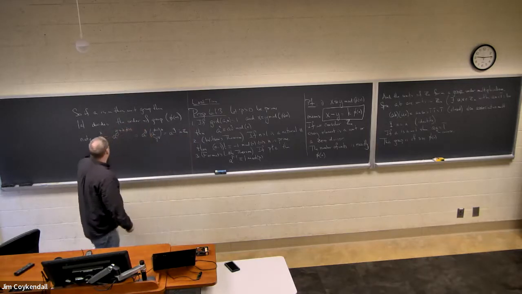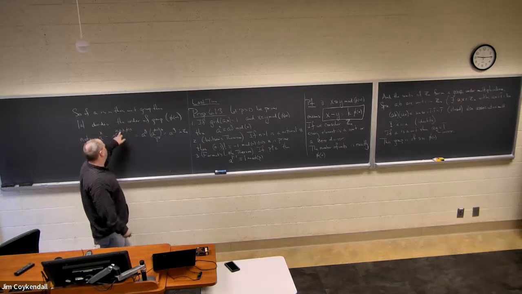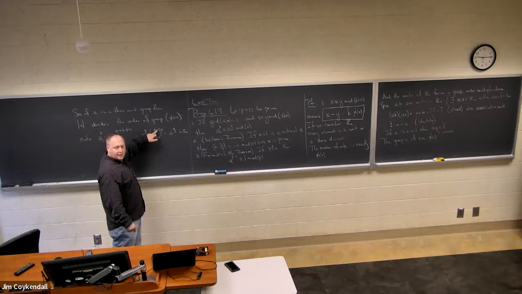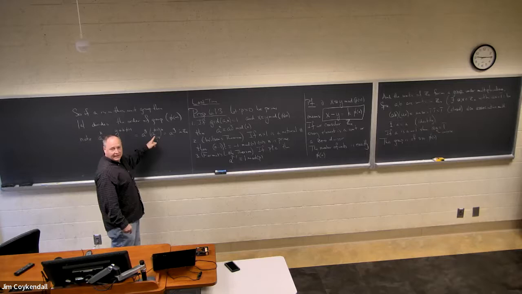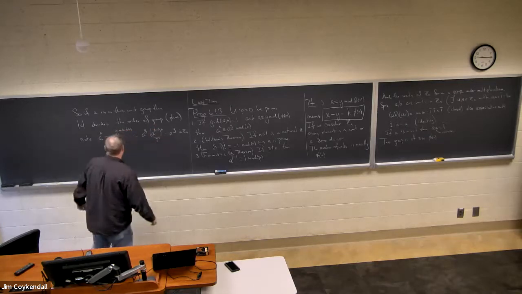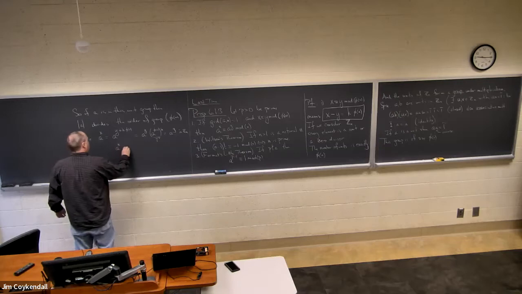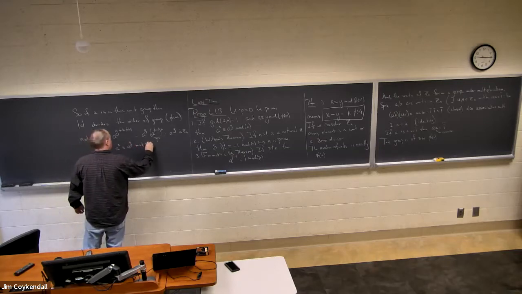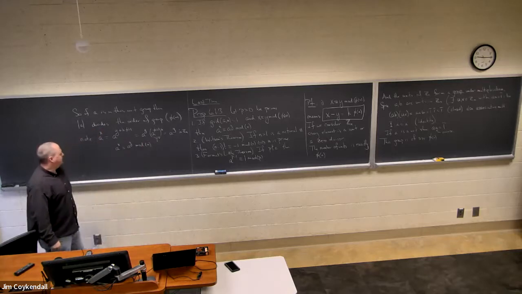So in Zn, A to the X power is A to the Y plus K phi n power. But A to the phi n power, phi n being the order of the group, is automatically the identity. Because remember, the order of the element is the smallest integer for which that power gets you 1. So this is A to the Y, and so A to the X equals A to the Y. That's the first statement.